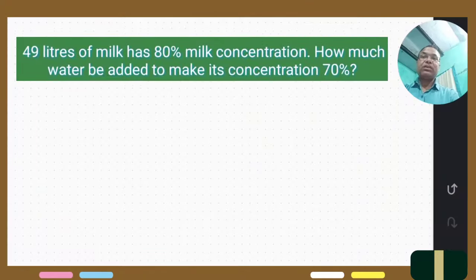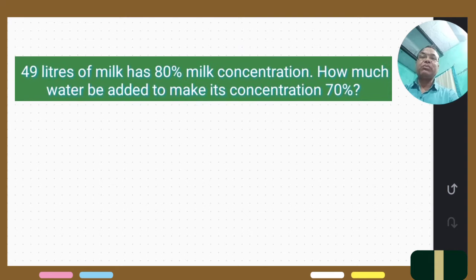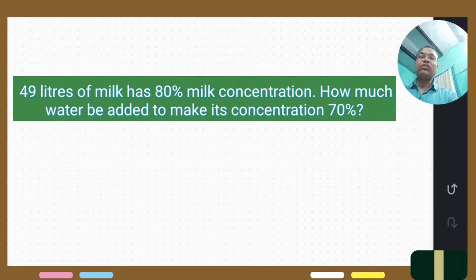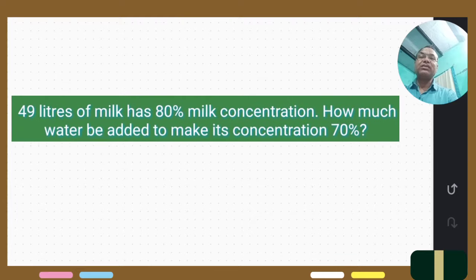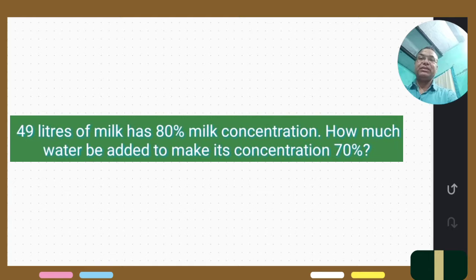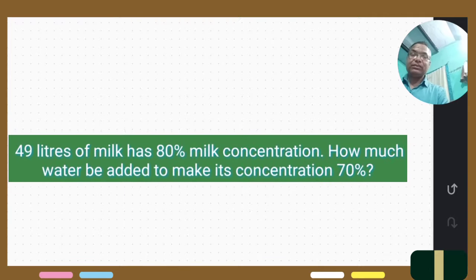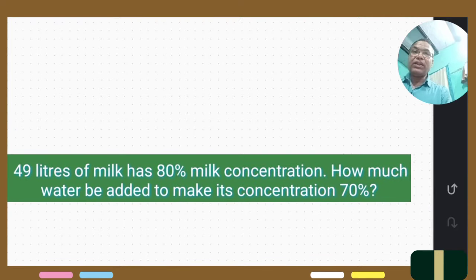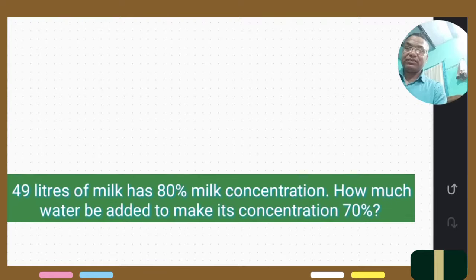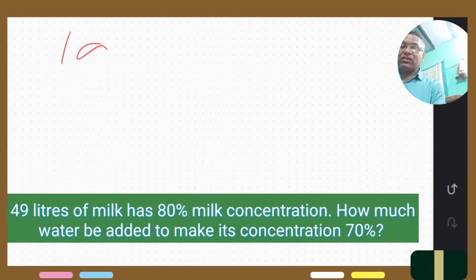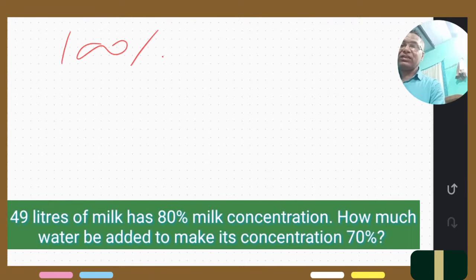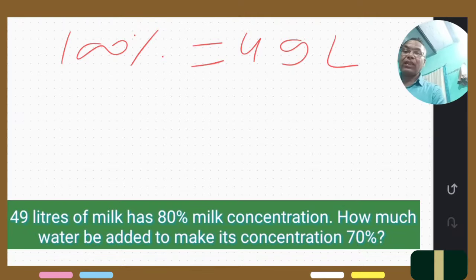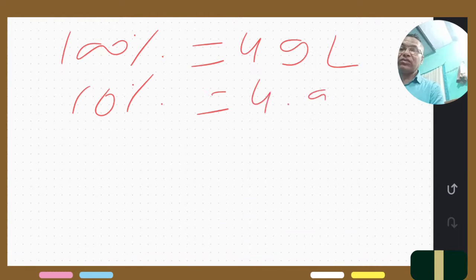Here's the next question. 49 liters of milk has 80% milk concentration. How much water must be added to make its concentration 70%? Here total quantity means 100%. 100% concentration is equal to 49 liters. So 10% will be equal to 4.9 liters.